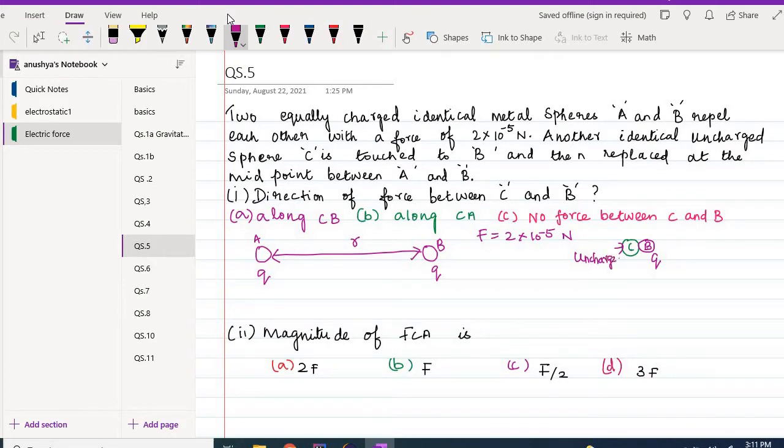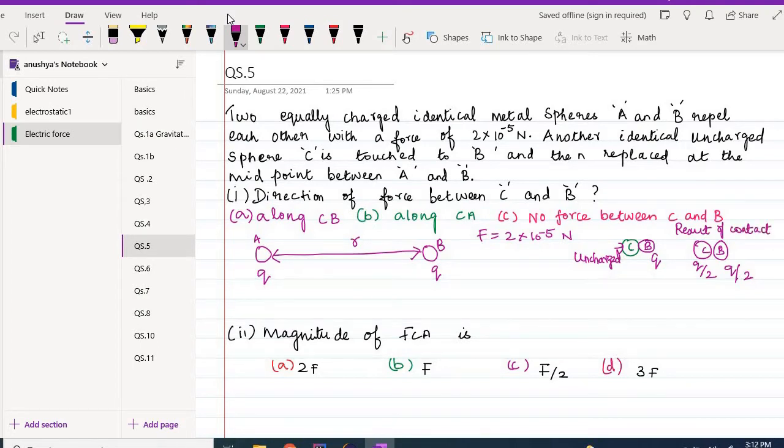They are touching, so due to the conduction process, charges will be equally distributed between C and B. After the conduction process, the charges on both C and B will be Q by 2, Q by 2. So this is the result of contact.